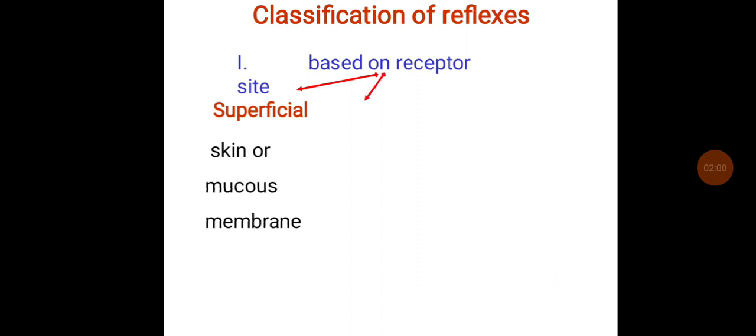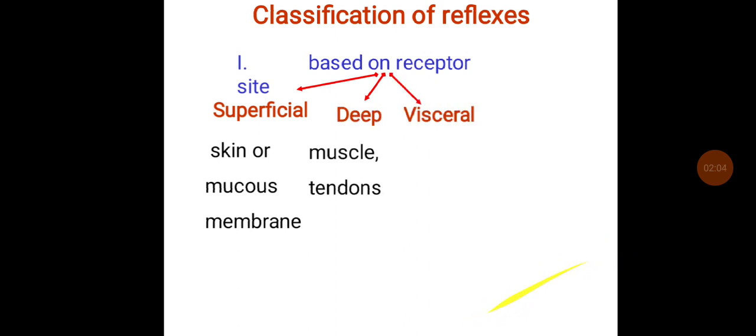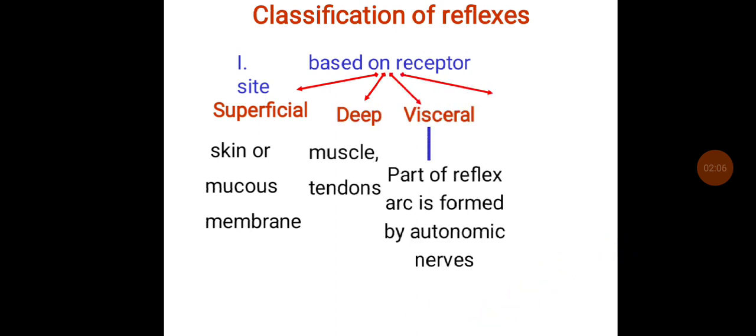Receptors can be classified as superficial, deep, visceral, or pathological. In superficial reflexes, the receptors are present in skin or mucous membrane. In deep reflexes, the receptors are present in muscle or tendons. In visceral reflexes, the receptors are present in the viscera, and these reflexes are mainly governed by the autonomic nerves.